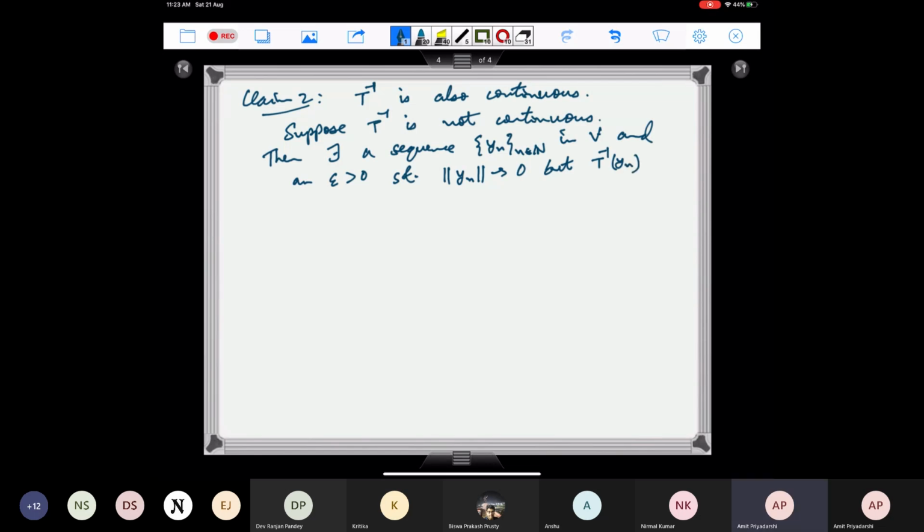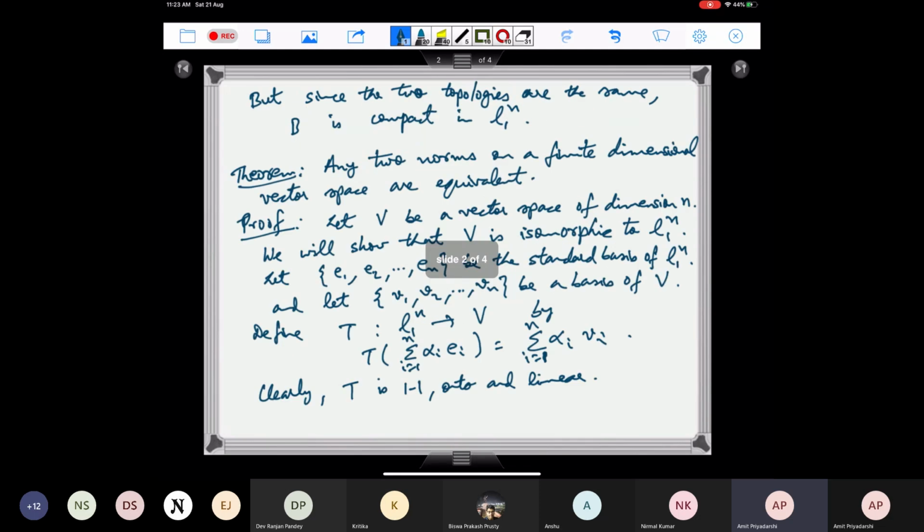So T inverse maps from this vector space V to L1. Here I'm taking this vector space with some norm.